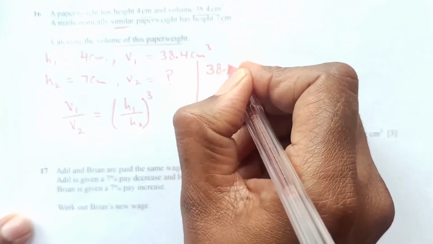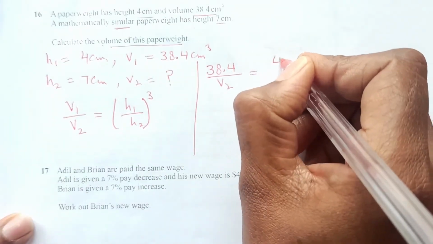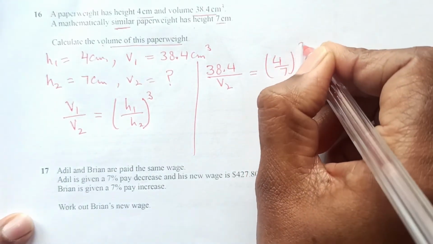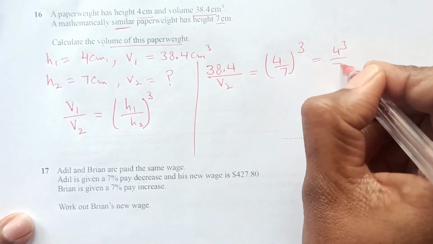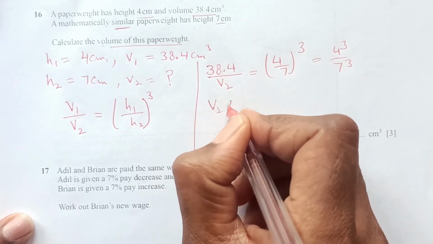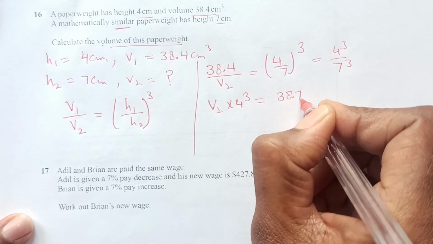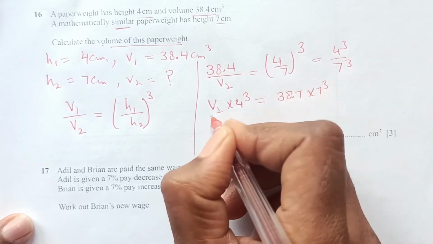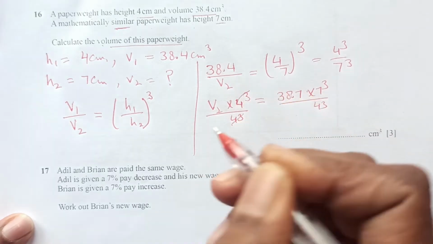This is 38.4 over V2 equals H1 is 4 over 7 and cubed, right? Then cross multiply. This is 4 cubed over 7 cubed. When you cross multiply, V2 times 4 cubed equals 38.4 times 7 cubed, divide by 4 cubed, divide by 4 cubed. This is gone.